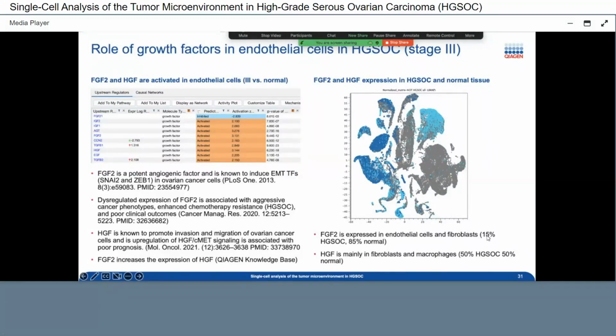And I give you the proportion of these expressions. It's mainly lower expression in high grade, very high in normal tissues, but still. And HGF is mainly expressed in fibroblasts, again blue, and macrophages here, as you can tell. That's the light blue here. And the proportion is equivalent in cancer or normal tissue.